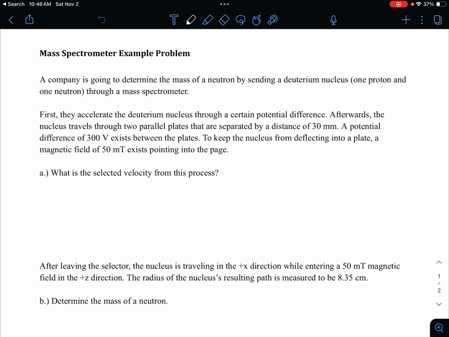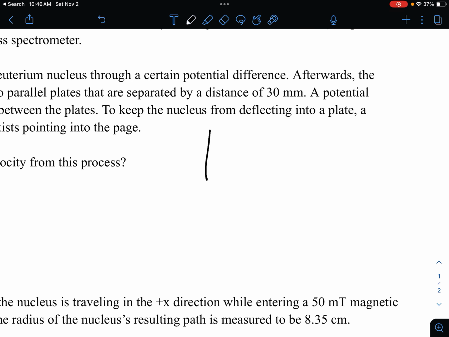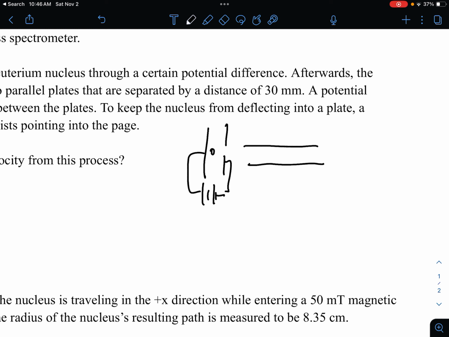So just as a refresher for what a mass spectrometer is, we have the accelerator, which is going to accelerate our nucleus, and then there's going to be a selector, which also has positives here as well.